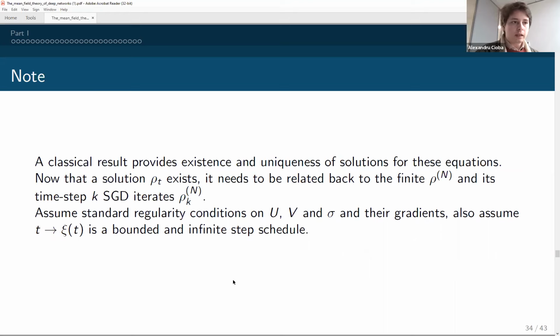The assumptions that they need are mostly standard assumptions on the activation function regularity, sub-Gaussianity of the activation function gradients, sufficient smoothness in U and V, and also a particular shape of the infinite step schedule, although you're free to just assume that this function is constant, I think, for the purpose of the proofs.